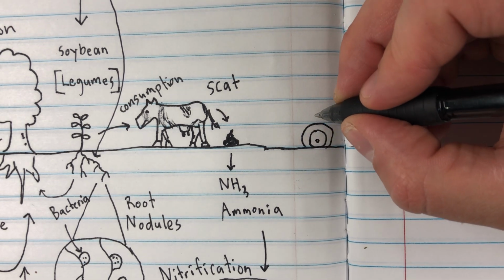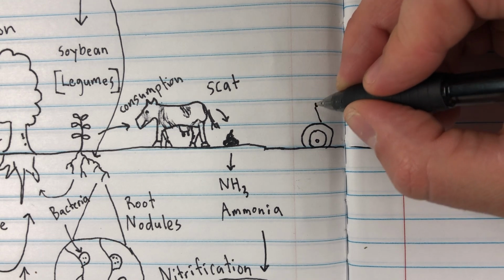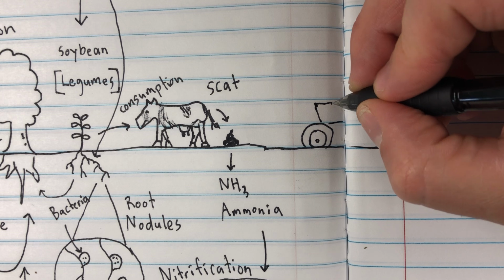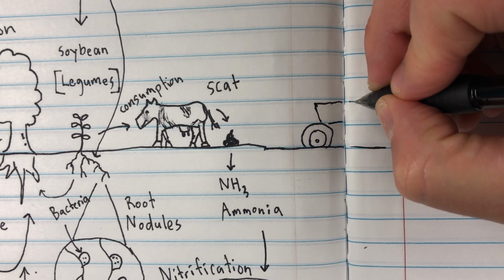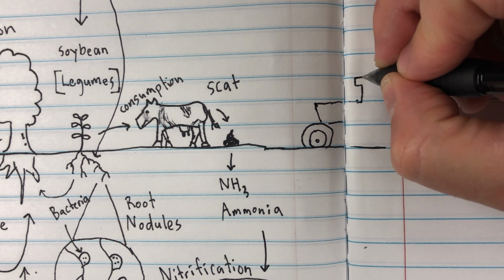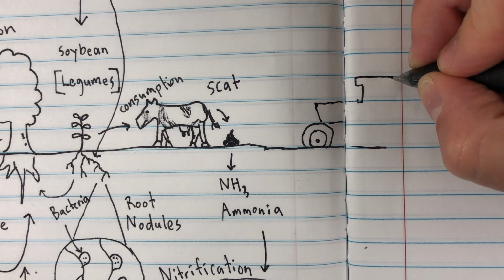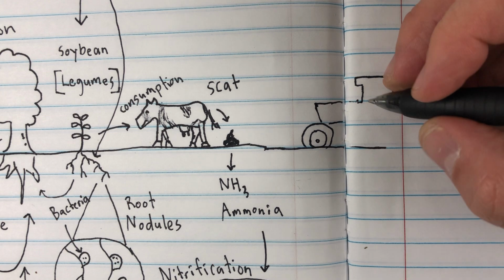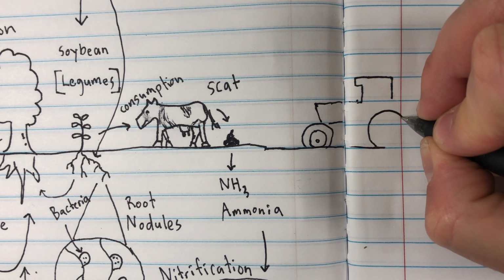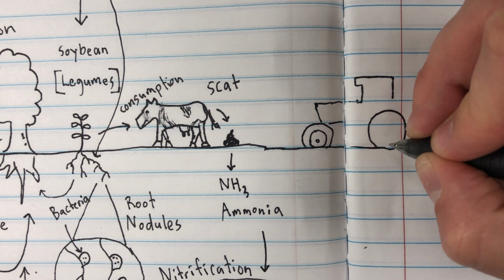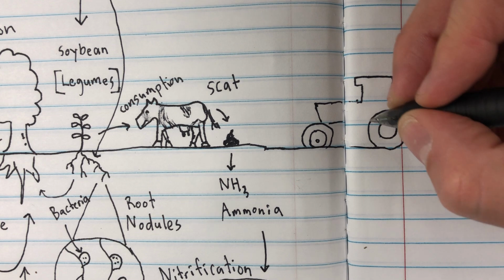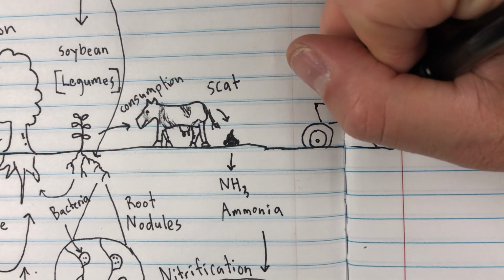So if you feel like your tractor, and again, it's hard because I'm awkward because I'm going across 2 pages here, but of course, other forms of nitrogen can be applied through fertilizers. Okay, so I'm just going to draw basically a cartoonish tractor here.